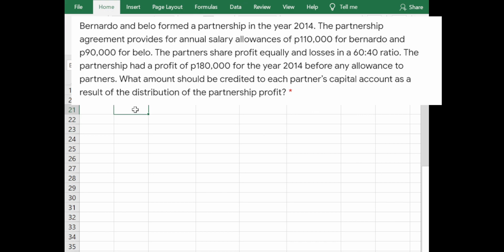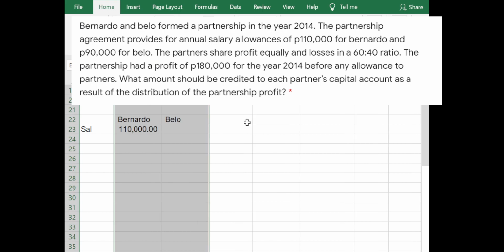Okay, so now we'll start with Bernardo and Bello. We put in their annual salary allowance. For Bernardo, we have 110,000, and for Bello, 90,000.